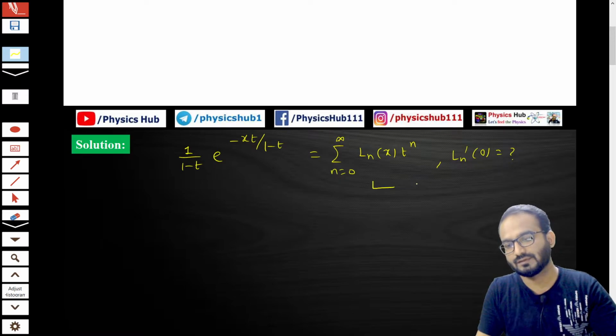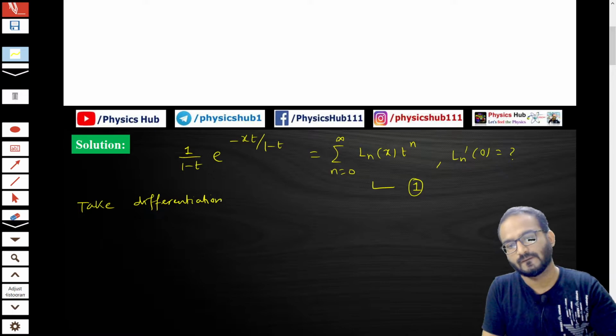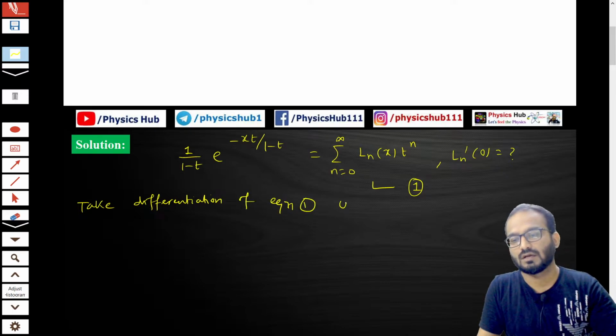So let's name this equation as equation 1. And what you do, you take differentiation of equation 1 with respect to x, obviously, because you can see L_n is a function of x.